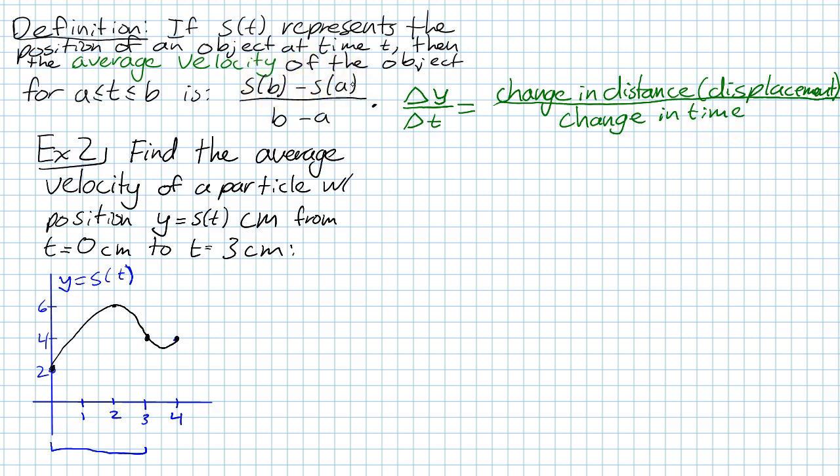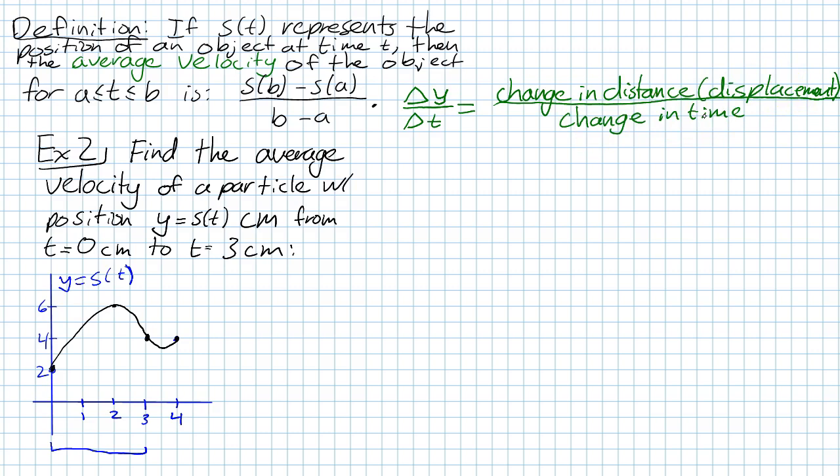So for example, if at the end of your time interval you're closer to home or closer to the door, then when you subtract this, you'll get a negative number, and you'll end up with a negative velocity. So in other words, velocity is displacement divided by a change in time.